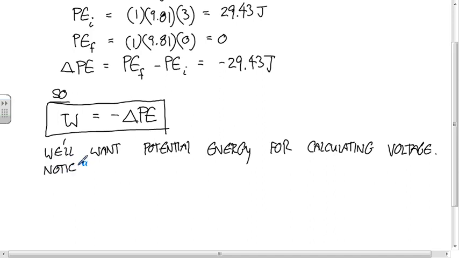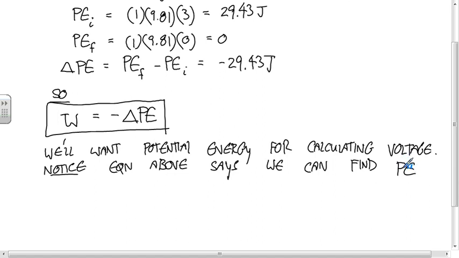So notice that the equation above says we can find the change in potential energy two ways.